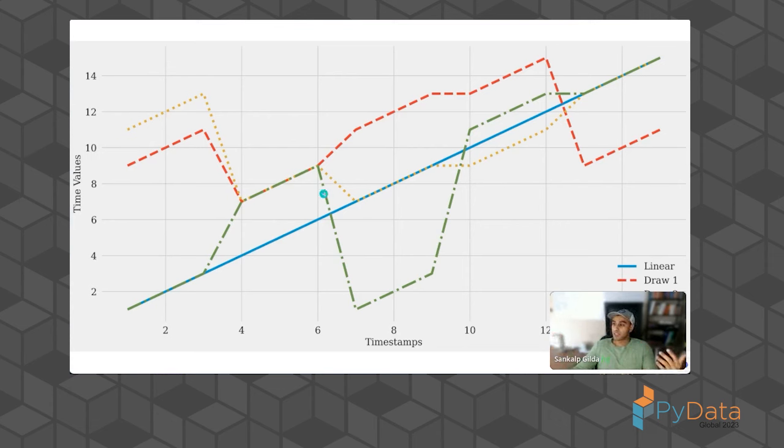Here, for instance, if you look at the yellow one, and if you were to fit a best fit line, it'll be a horizontal line, which means you've lost the trend completely. So this is where we come to the realm of parametric or semi-parametric bootstrapping methods.